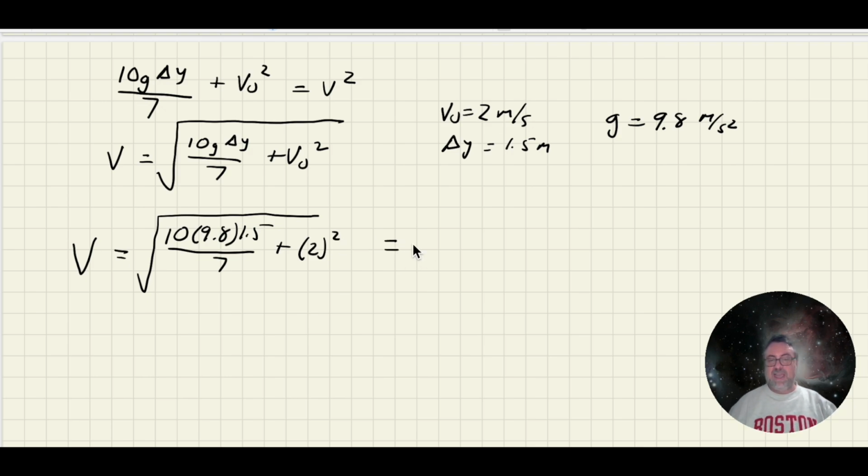And now some time for some calculator work. And I get the very nice answer that the final velocity would be 5 meters per second.